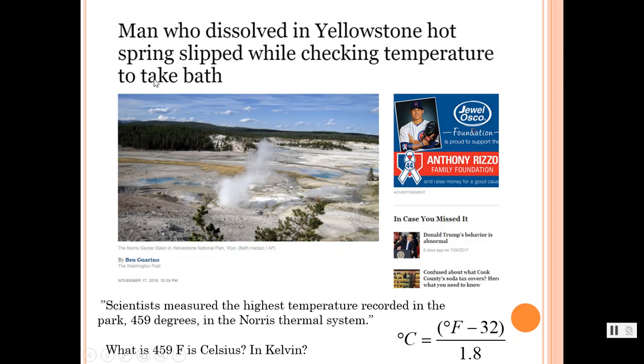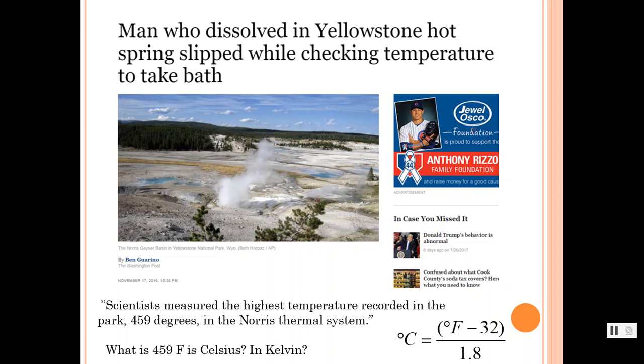According to the article associated with this headline, scientists measured the highest temperature in the park at this particular spring at 459 degrees. There were a few things that really irritated me about this article, not the least being that someone was foolish enough to try to get close to a hot spring at Yellowstone.